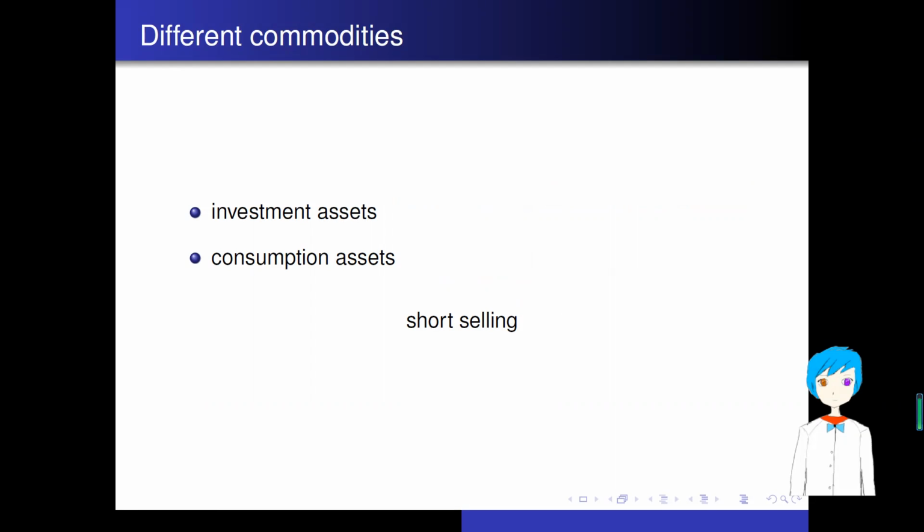The first type is investment assets, which means that we hold the assets purely for investment, and we buy it now and may sell it at some future point for investment. The other one is consumption assets. Consumption assets means that, rather than buying it for investment, we can also use it in daily life, and valuing investment assets and consumption assets are different.